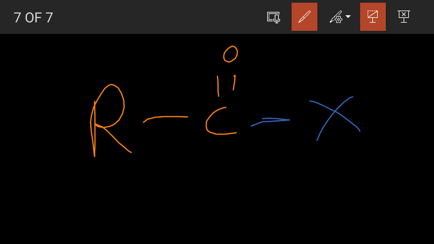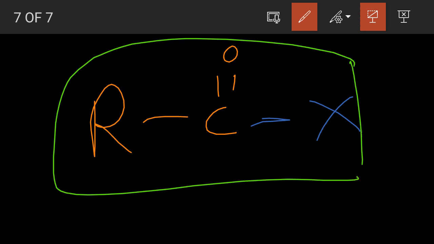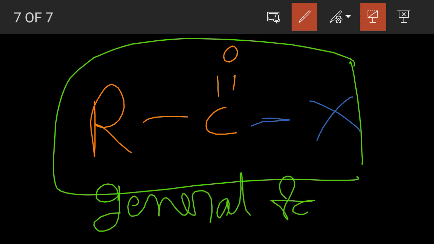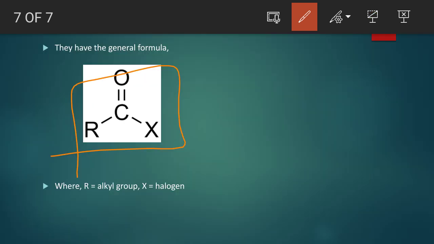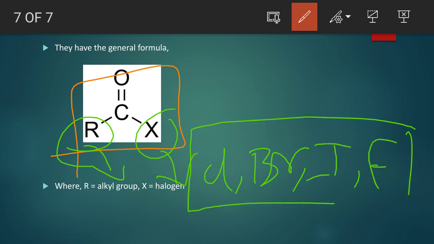Any halogen atom replacing the hydroxyl group, then this compound is called an acyl halide. That's why this is the general formula of the acyl halides. Here R is the alkyl group and X is the halogen atom, that is chlorine, bromine, iodine, fluorine. These are the halogens, and we already know halogens are group 17 elements.